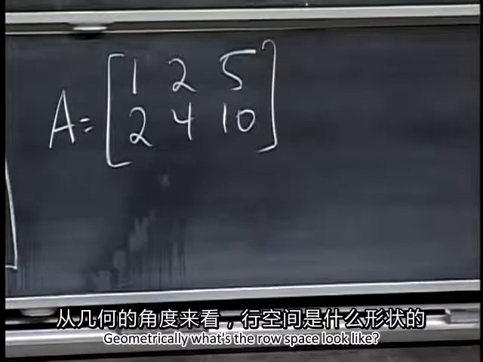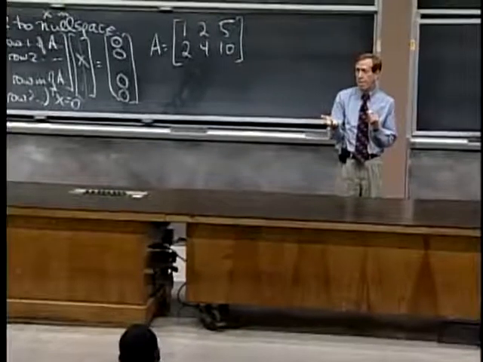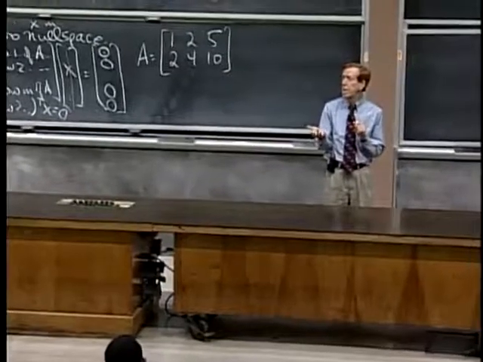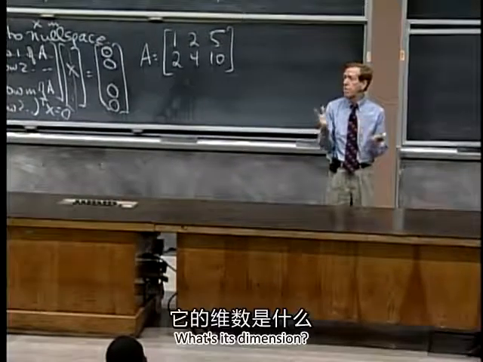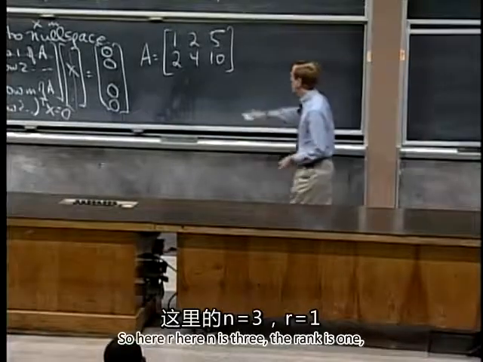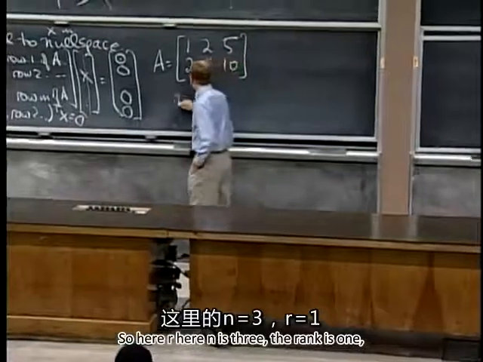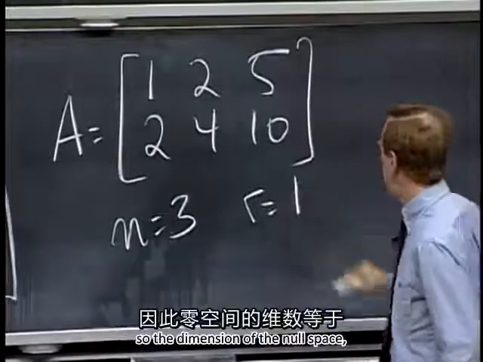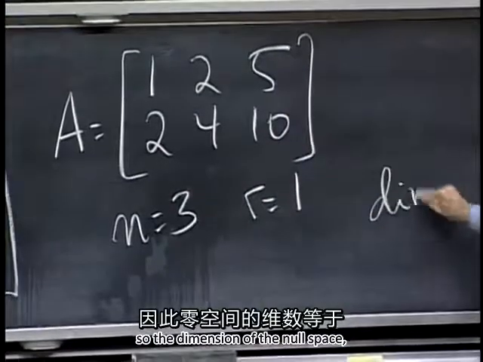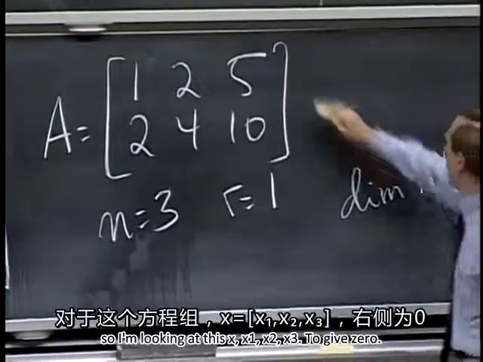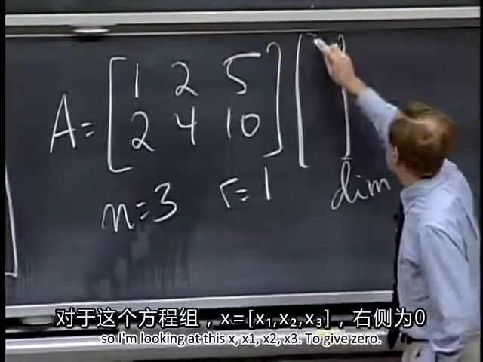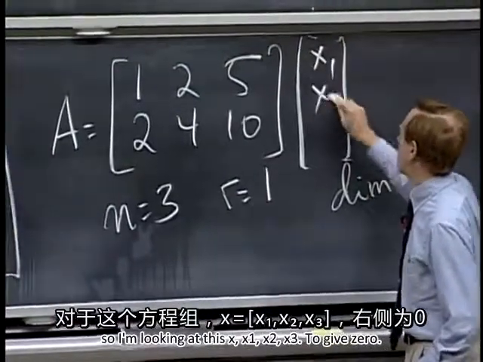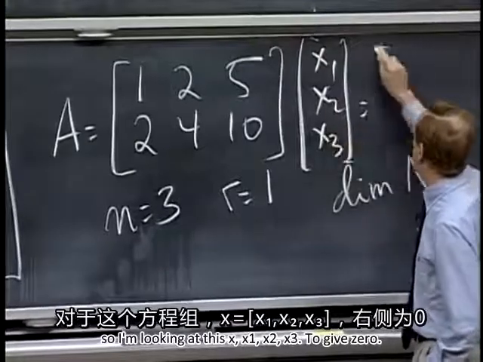Geometrically, what's the row space look like? What's its dimension? So here n is 3. The rank is 1. So the dimension of the null space, I'm looking at this x, x1, x2, x3, to give 0.